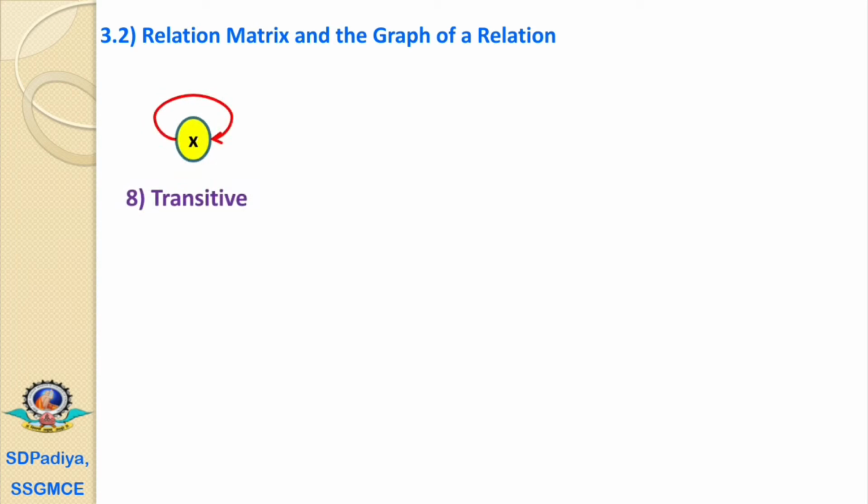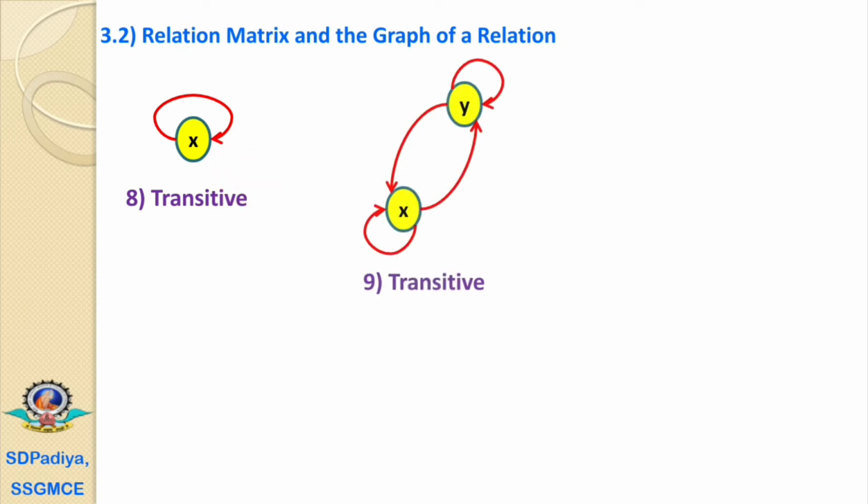The next is the case for the transitive. If we have a single node x which has a relation with itself, then we consider this as reflexive. It is symmetric also and it is transitive also, because it is a single node. If we have two nodes connected like that, then x and y both have the loop connection with itself.